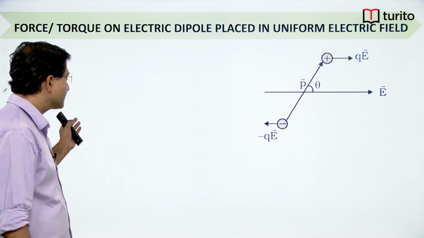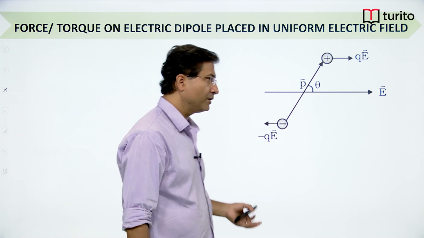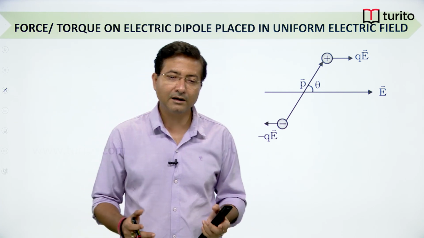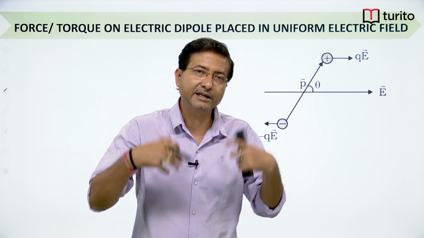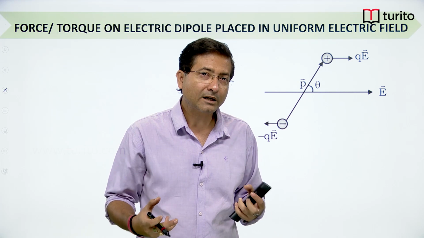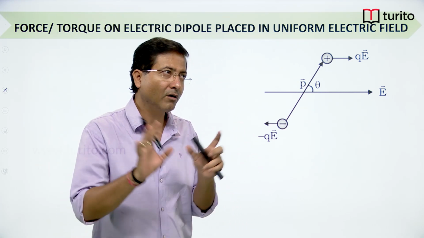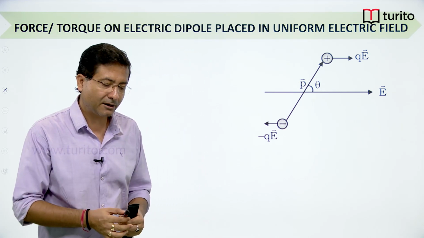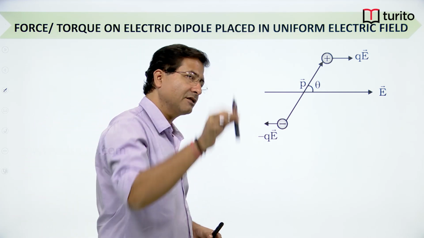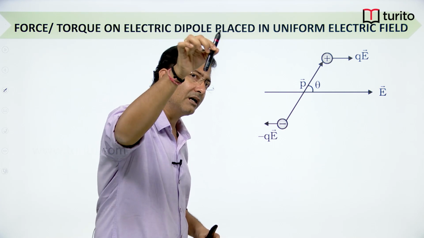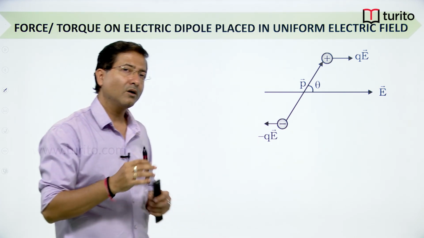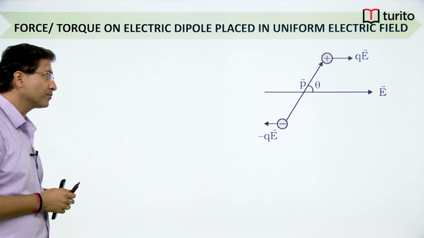What if I place the dipole in a uniform field? We have seen the field created by a dipole and the potential created by a dipole, but what if I place that dipole inside an external field? So the field already exists in space and I take one dipole and place it in space. How much net force will it experience and what would be the torque experienced by the dipole?